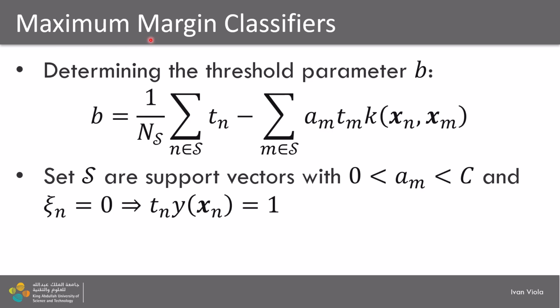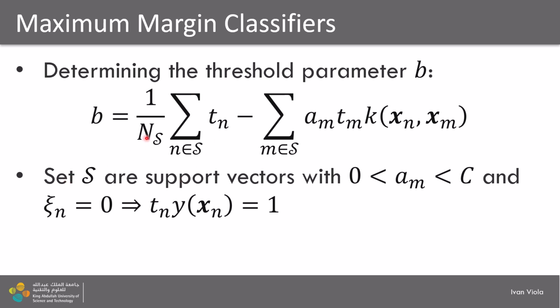For the calculation of our classifier, we still need to find the parameter b, and this parameter can be defined in the same way as before, with the term t_n minus this sum, and we can average it over the several support vectors.